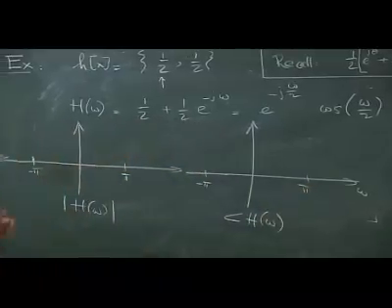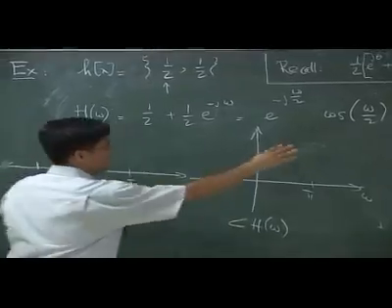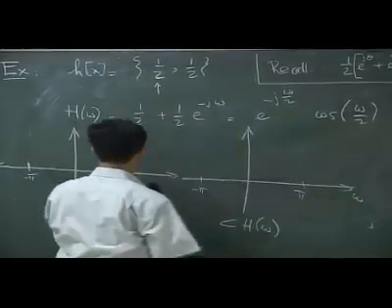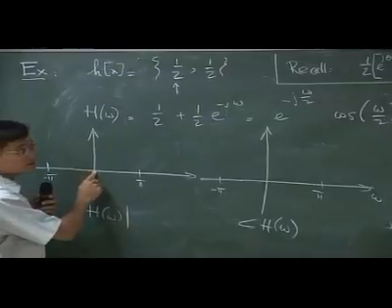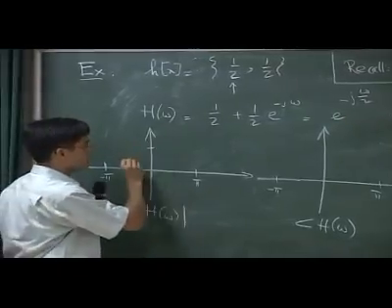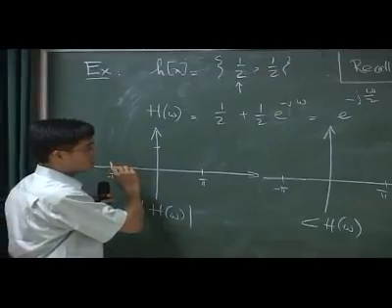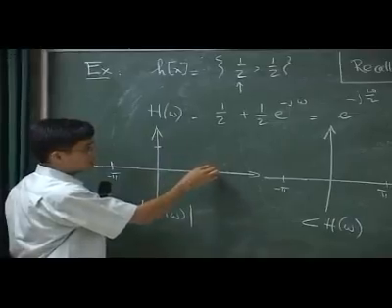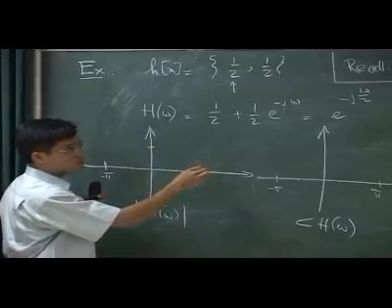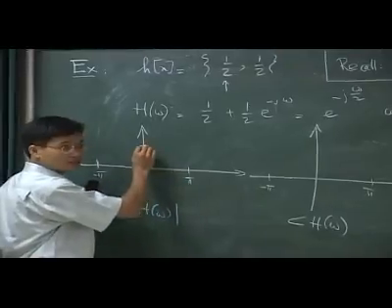Having that function, the first thing I need to do is plot out this cos of omega over 2. At omega equal to 0, it's equal to 1. Then you're going to go down, and when omega equals pi, you're going to touch 0.